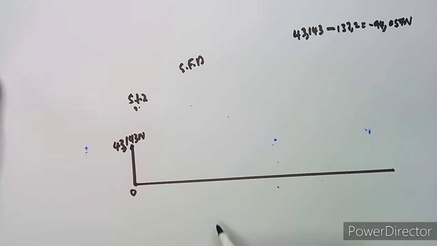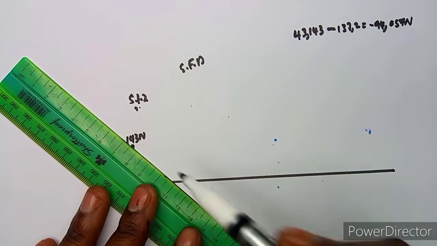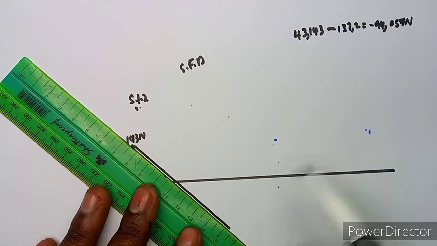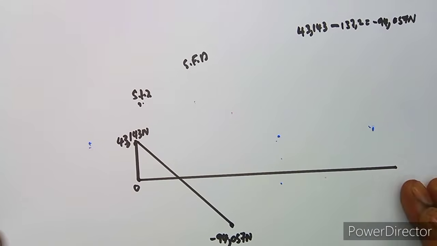Let's just say our negative is somewhere here. So we are going to join from this point to this point. Remember, this is a distributed load, so it is going to be like this, at minus 94.057 Newton.